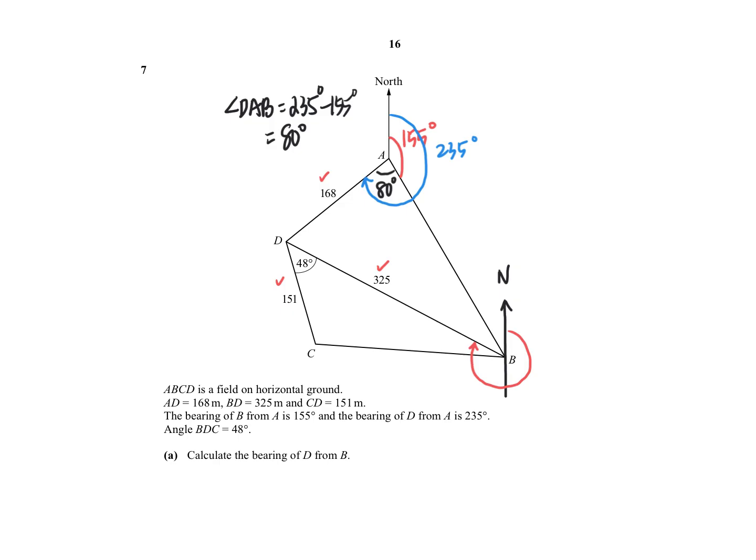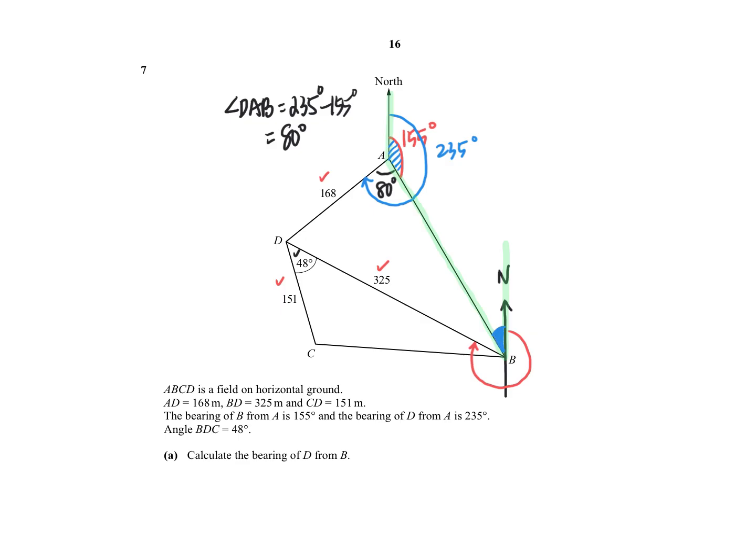Write all those down, and then BDC is 48. Now I'm interested in finding that whole thing. If I look carefully, there is an interior angle here. These two are parallel lines, so the two angles should add up to 180 degrees. If this is 155, I can find this part.